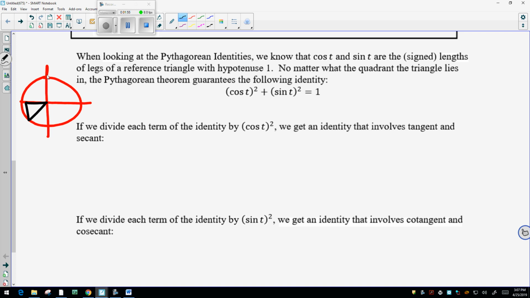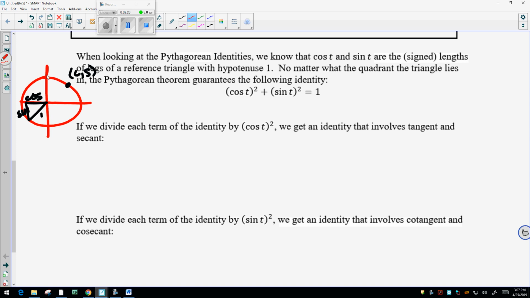If I were to pick any kind of coordinate, it would go cosine comma sine, meaning that x length is a value of cosine and the y length is a value of sine. So if we were to think about this in terms of a right triangle, I could say cosine squared plus sine squared equals 1 squared. That's your Pythagorean identity, basic Pythagorean identity.